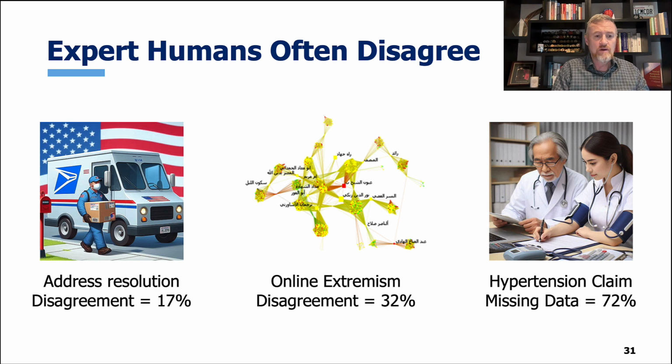The best performing AI algorithm was only about 83% accurate. So I asked postal workers to resolve about 100 of these issues, and we found that their disagreement rate was 17%, meaning their agreement rate of 83% was about the same as the AI classifier's accuracy.